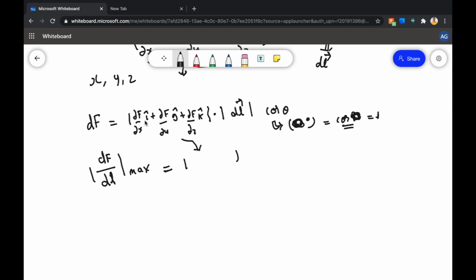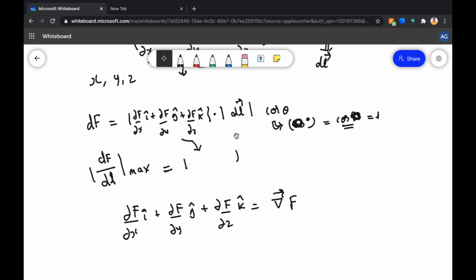So as all of you know, this thing is del of f by del of x i cap plus del of f by del of y j cap plus del of f by del of z k cap equals grad of f, right? Now I need you to understand grad of f is the only direction of change.